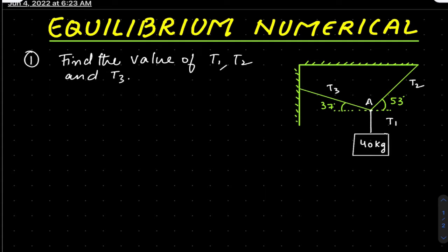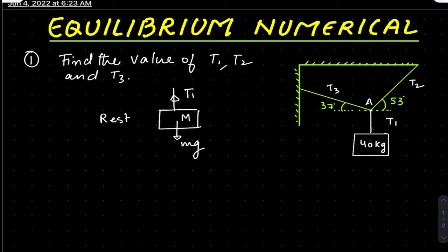So let's discuss the block. It is a 40 kg block, so it is under the gravitational pull of mg, and a tension force T1 is acting upward. The block is at rest.